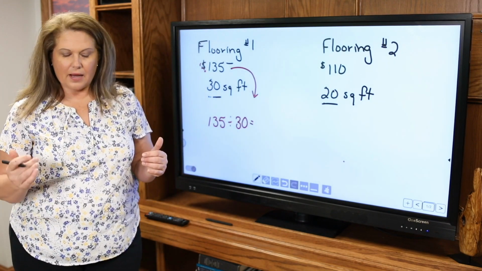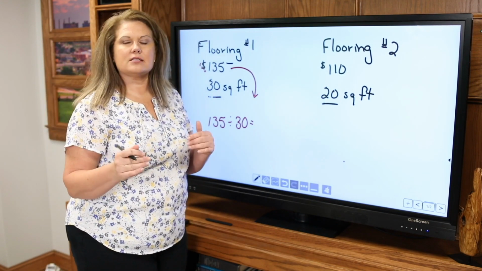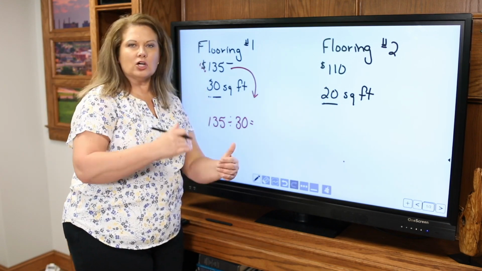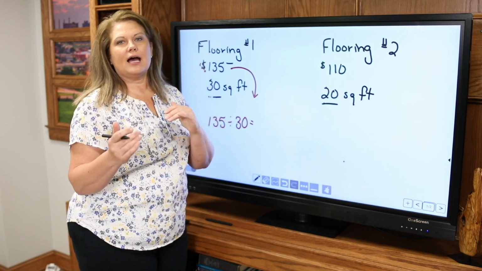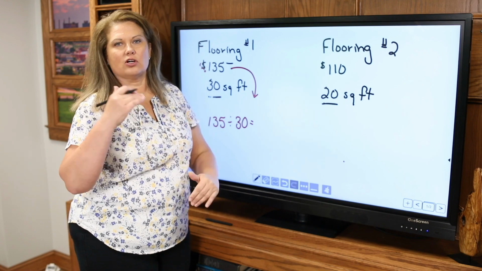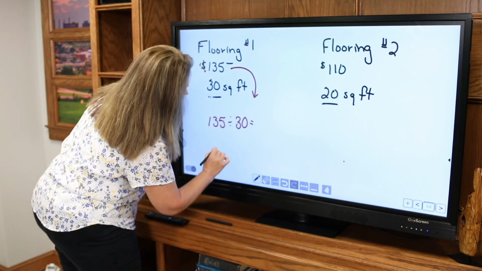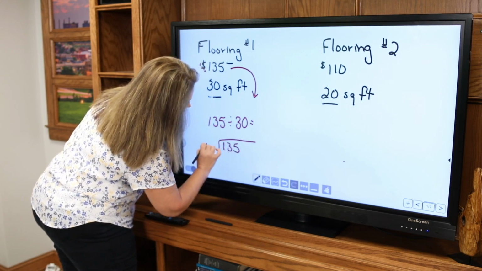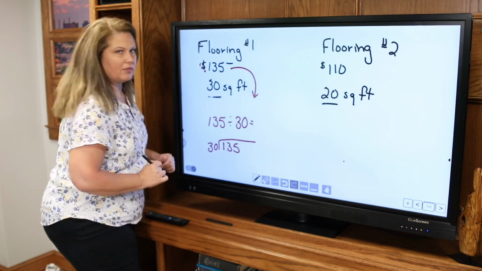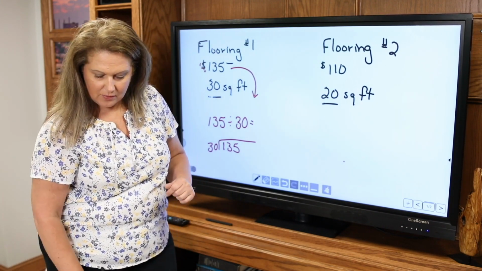If you're doing it by hand, this is something that I've noticed a lot of students do. They reverse the way they need to do their division, and they actually put their divisor inside their division sign instead of on the outside. So 135 divided by 30. And I've already done that math for you.